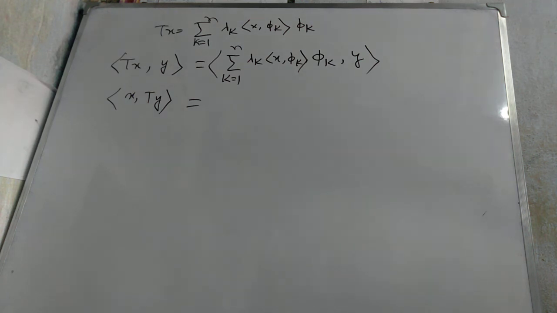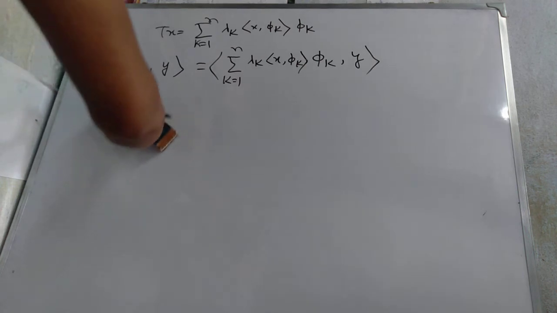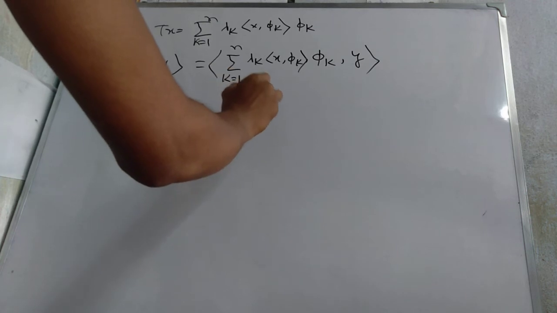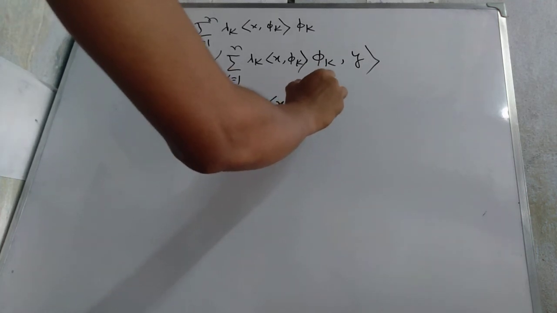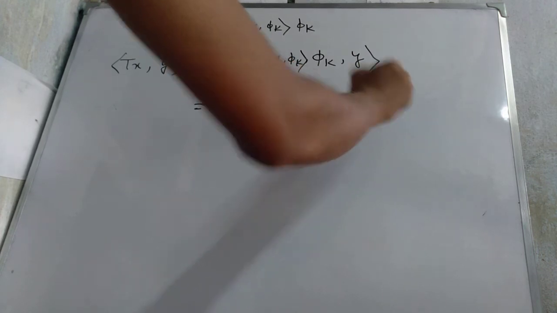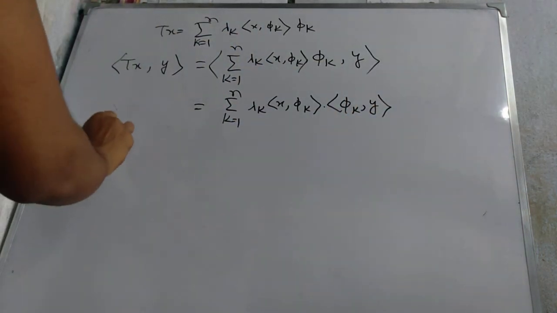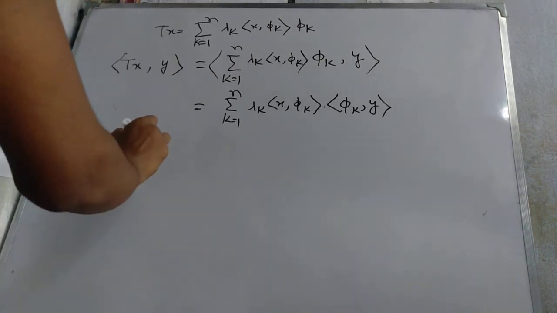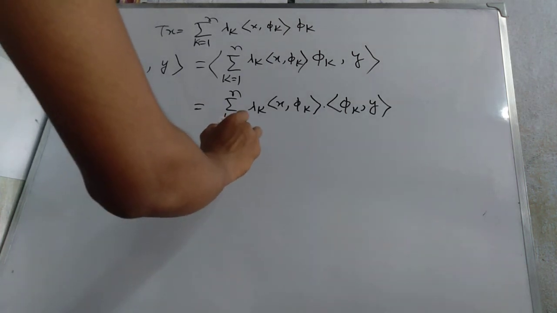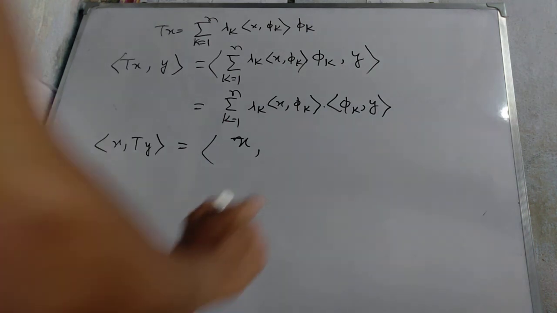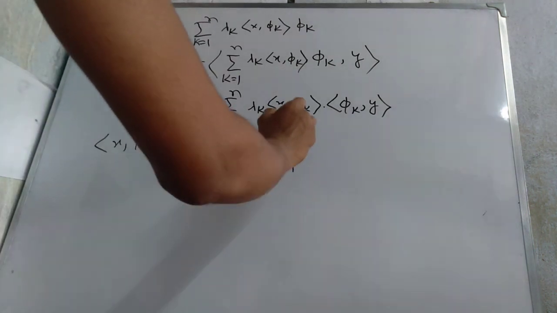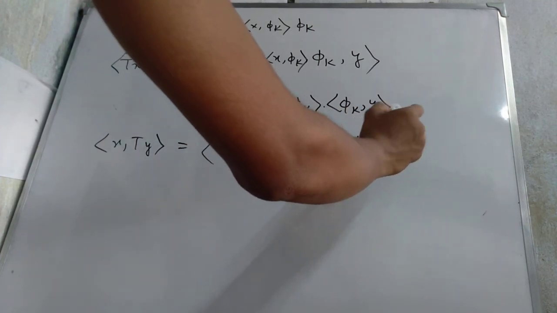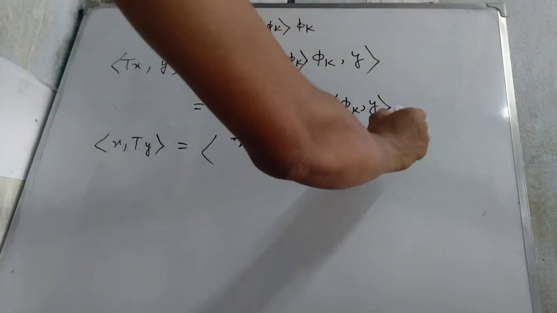Here the inner product of Tx and y equals summation k equal to 1 to n lambda k inner product of x with phi k, times inner product of phi k with y. And x, Ty equals, here also, summation k equal to 1 to n lambda k, inner product of y with phi k, and here phi k.